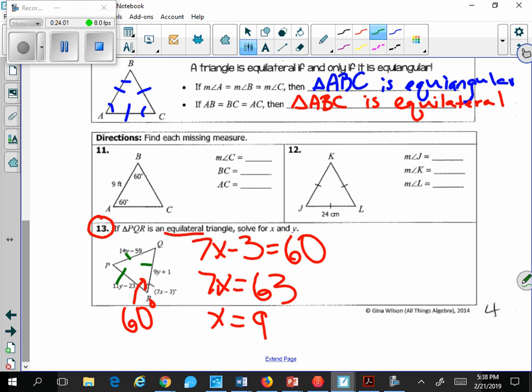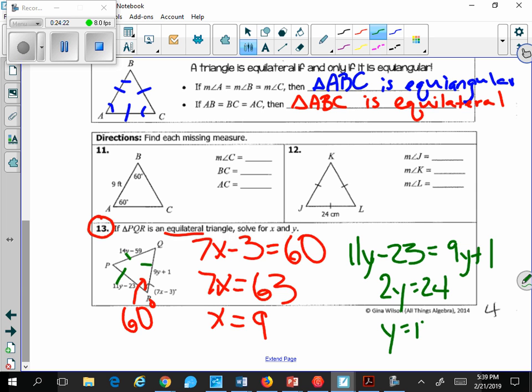I need to be able to say, okay, well, one side is 11y minus 23, and I know another side is 9y plus 1. So again, I'm just solving that, and I'm going to say 2y equals 24, and then y equals 12. So nothing really too exciting there.